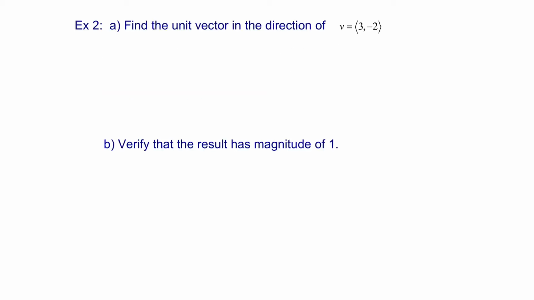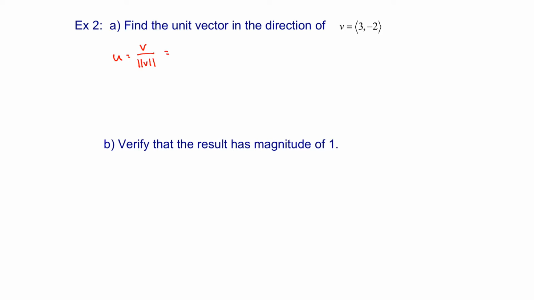So let's take a look at an example of this. Find the unit vector in the direction of v equals (3, -2). Once again, the unit vector has the same direction, but the magnitude would be 1. So the unit vector is equal to the vector divided by its magnitude.